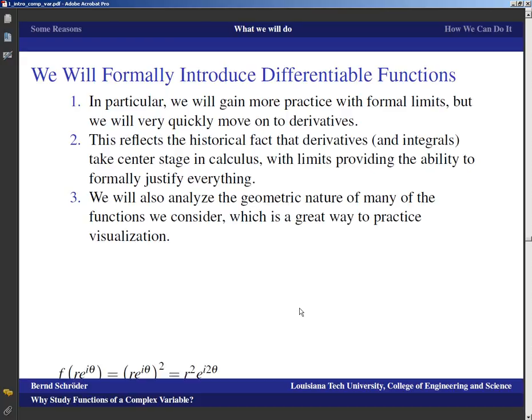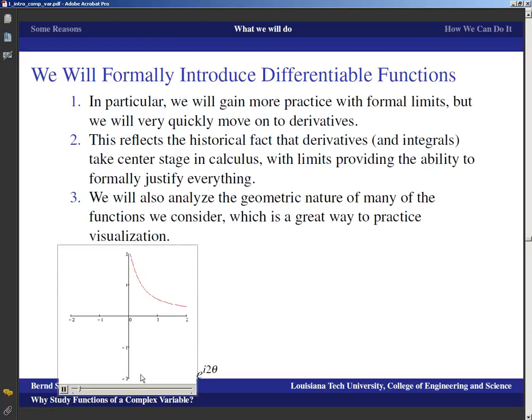Take a look, for example, at what the function f of z equals z squared does to certain curves. If you start with a hyperbola, let me pull that back here real quick. If you start with that hyperbola and you square it, well, basically that picture is transformed into another picture, obviously. But you can visualize the transformation almost continuously.